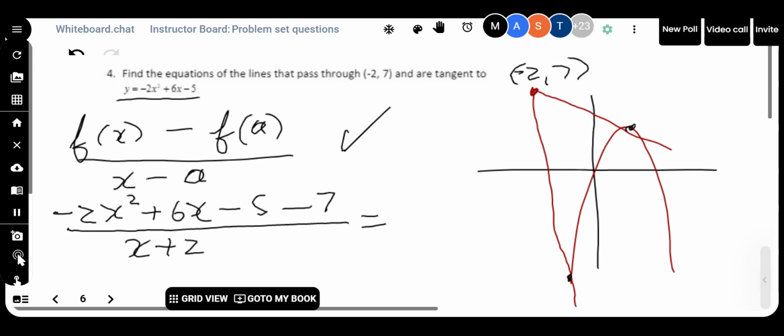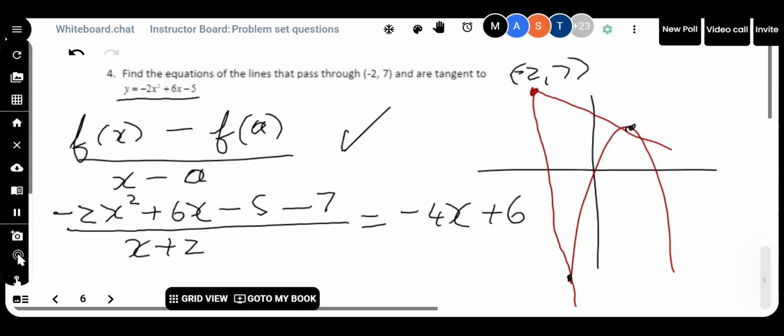The derivative. And we have a shortcut to find that derivative. So why don't we set this thing that we just got, which would be the slope of this line that we're trying to find, equal to the derivative of this function using the shortcut method, which is, as you know, -4x plus 6.